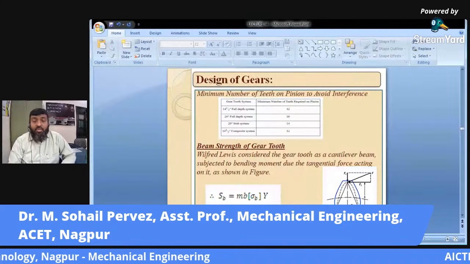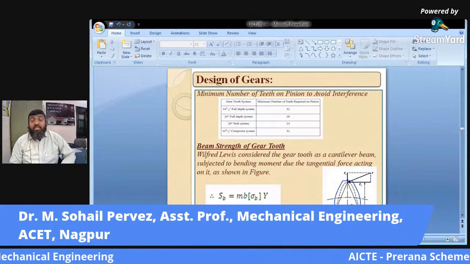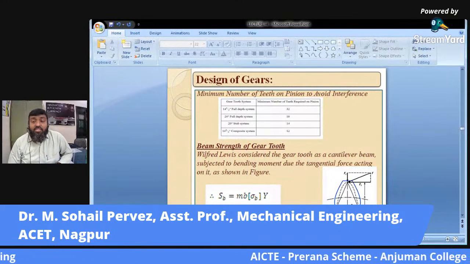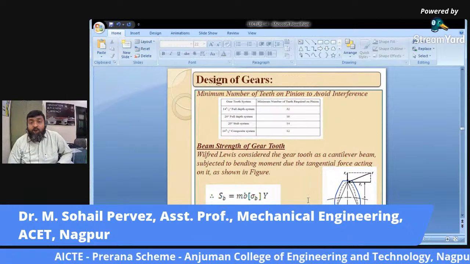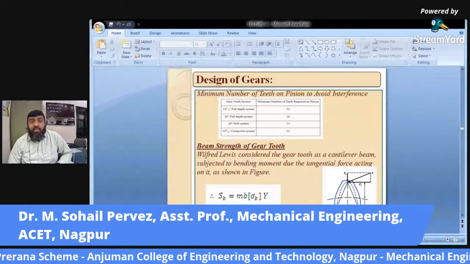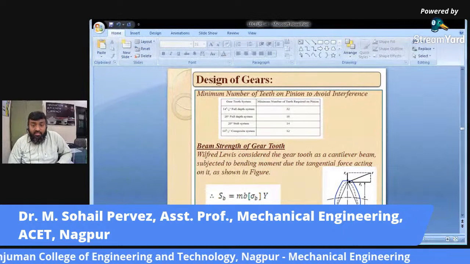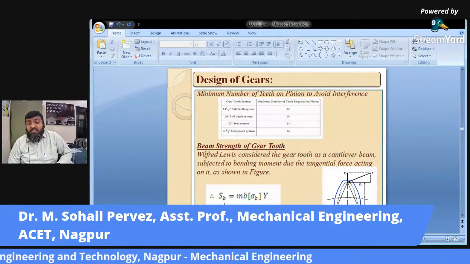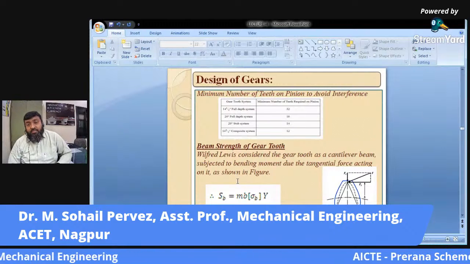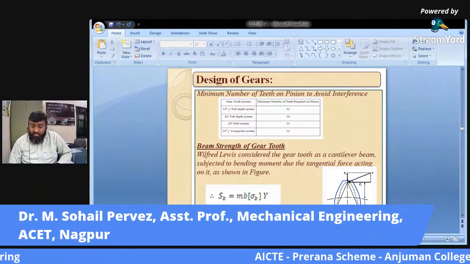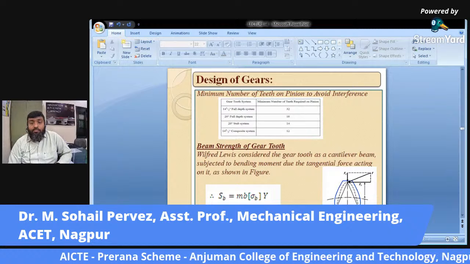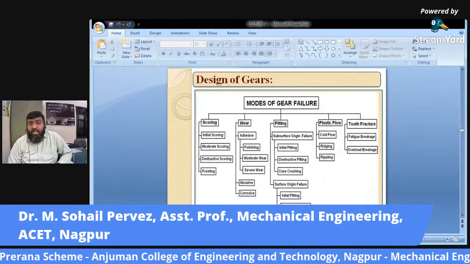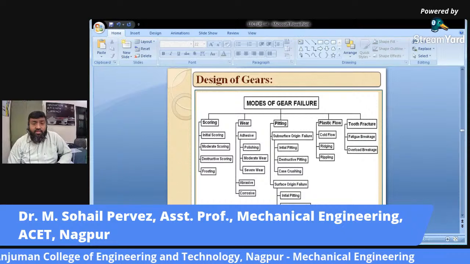Due to this tangential load, this particular gear tooth, which is assumed to be a cantilever beam, may get bent. And he has given the simplest formulae for this aspect, so that the gear tooth may be safe in bending also.